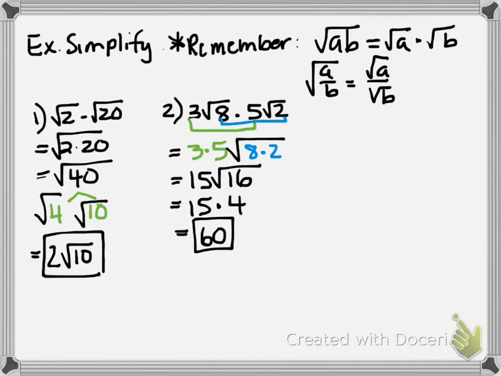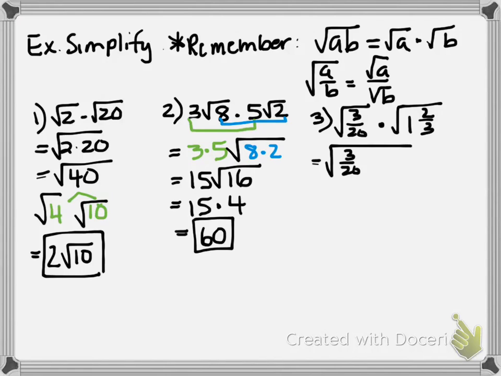All right, let's pull in your favorites. What if your radicals had fractions in them? So square root of 3/20 times the square root of 1 and 2/3. So not just a fraction, but a mixed number as well. Well, they're both radicands, which means I can put them underneath one radical. But you would never catch me trying to multiply a fraction and a mixed number.